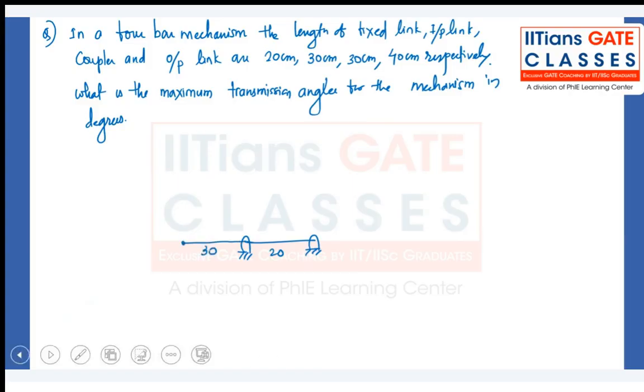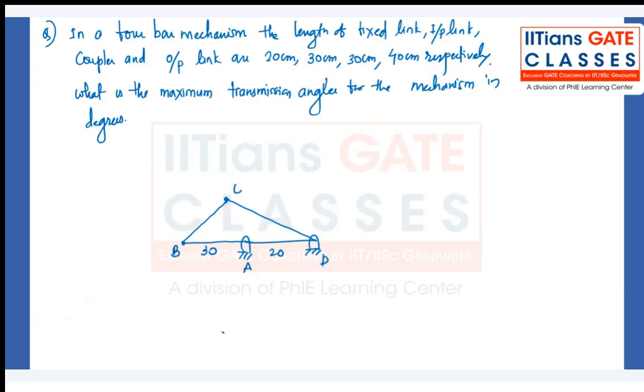Then we have 30 as the coupler. So this is A, B, C, and D.